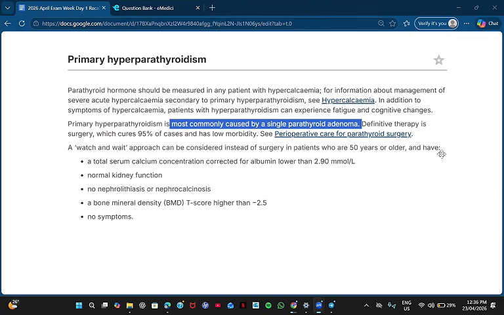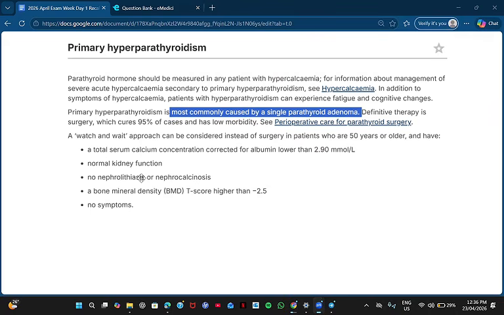So here they are older and have a total serum calcium concentration corrected for albumin lower than 2.9, normal kidney function, no nephrolithiasis or nephrocalcinosis, a bone mineral density T score higher than minus 2.5, which means there's no osteoporosis, right? And no symptoms. These are the cases where we can use watch and wait in those older than 50 years old. Very important, doctors. You need to remember each point, right?